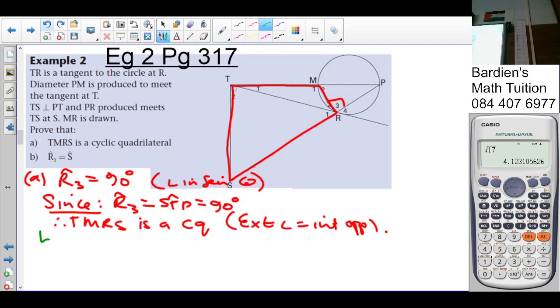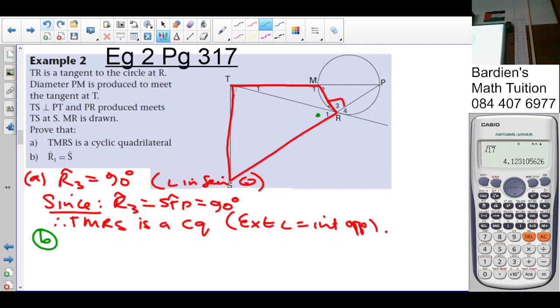Let's look at B. Angle R1 is equal to angle S. How is R1 equal to S? It's never going to be exactly straightforward like that. We must first go into another angle before we get to that.